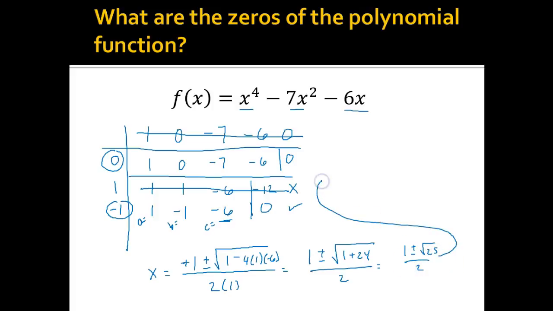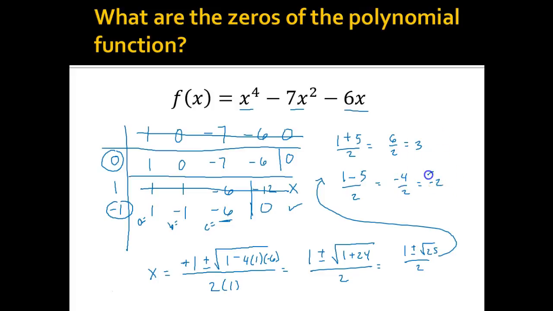Go ahead and take this up here. That's 1 plus, and let's go ahead and break this apart, 1 plus 5 divided by 2, or 1 minus 5 divided by 2. The square root of 25 is 5. And that's 6 over 2, which is 3, and -4 over 2, which is -2.